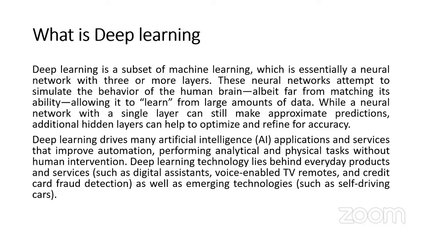Deep learning drives many artificial intelligence applications and services that improve automation and perform analytics. Deep learning technology lies behind everyday products and services such as the digital assistant and voice-enabled TV.